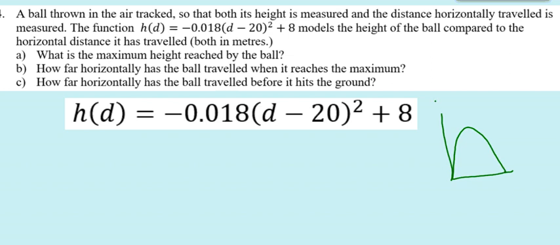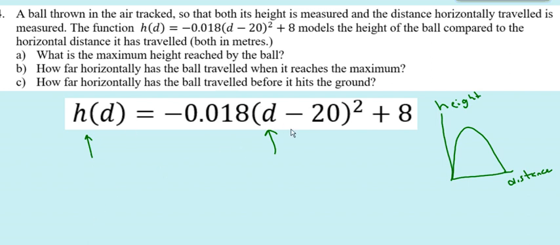So on this axis, we're going to measure the height of the object, so how high does it get? And then on this, we're going to measure the distance horizontally it's traveled, so how far does it get? So we quite often do time versus height, but this is distance versus height. So here, D represents the horizontal distance it's traveled, and of course, H at D is the height based on that distance. So what else do I know?